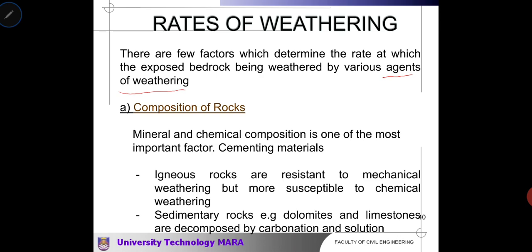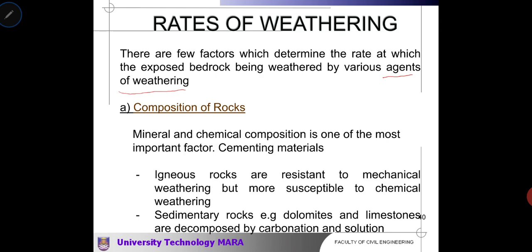Okay, what are the factors affecting the rates of weathering? Number 1 is composition of rock. Mineral and chemical composition is one of the most important factors. Okay, cementing material, for example, igneous rocks are resistant to mechanical weathering but more susceptible to chemical weathering. Because we know igneous rock is from magma.